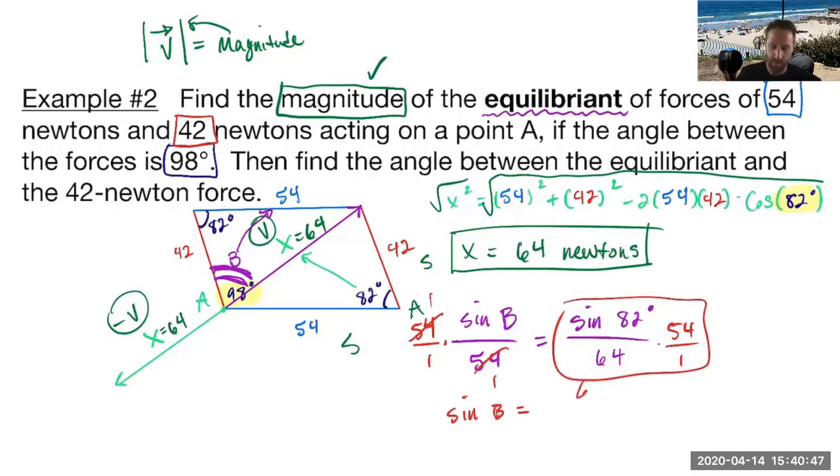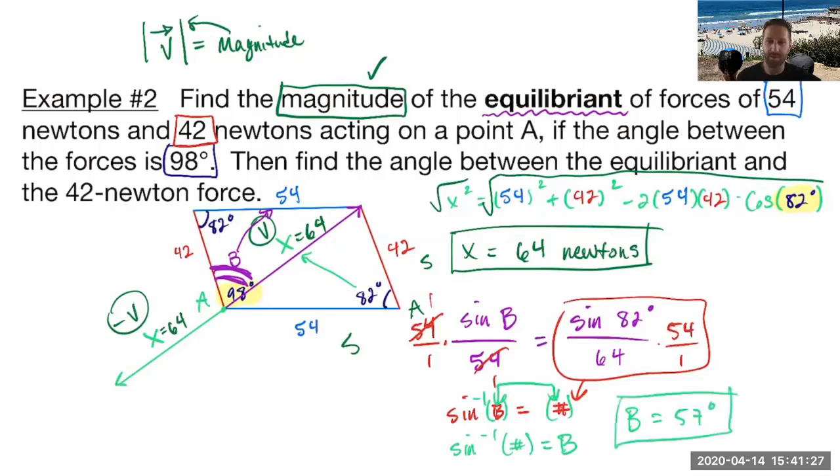So remember, in order to find the angle, we're going to have to apply the inverse to reverse our input and output and have what we wanted. So once you find that by punching it in your calculator, you should come up with 57 degrees. Now, the problem is a lot of you will put that as your answer.